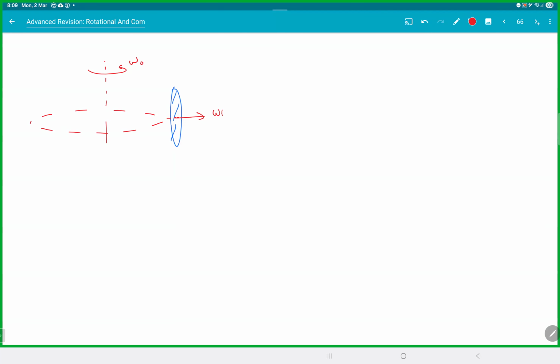So if you look at this, omega of the disk is simply omega naught in the upward direction. I'll just put an upward arrow, plus omega 1. I'll write it as r cap. R cap is the radial direction. So if you look at the top view, the omega 1 is actually going like this. This is your radial direction.